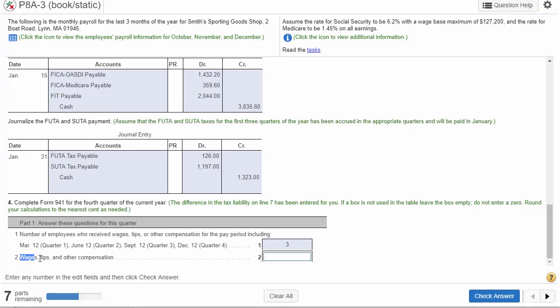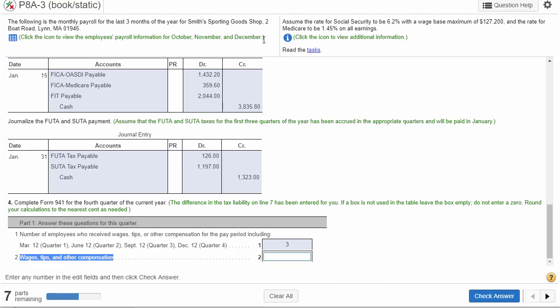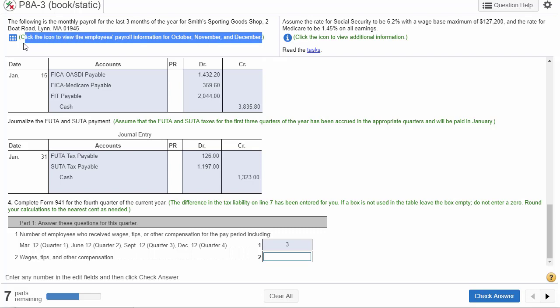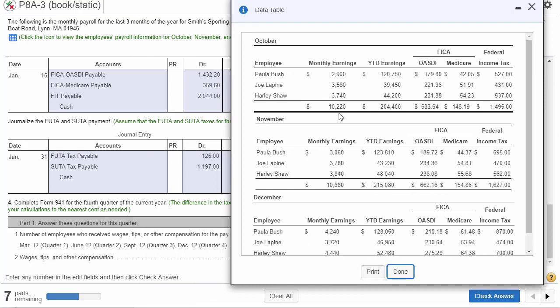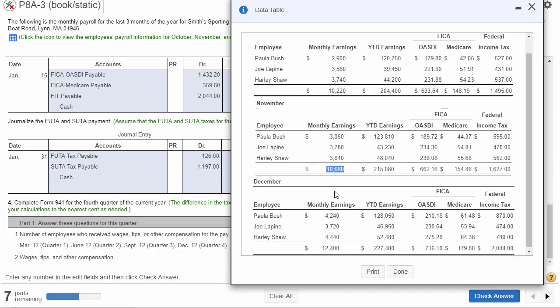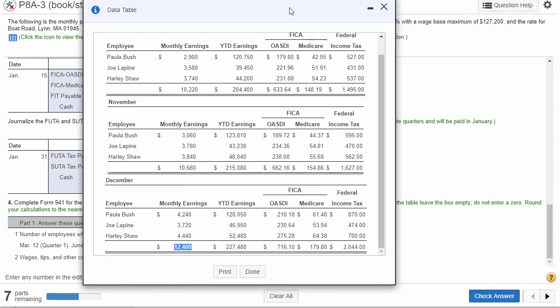Line 2, wages, tips, and other compensation. So gross wages. So how do we find gross wages? Again, we go back up here, and we're going to add monthly earnings for October, November, and December.